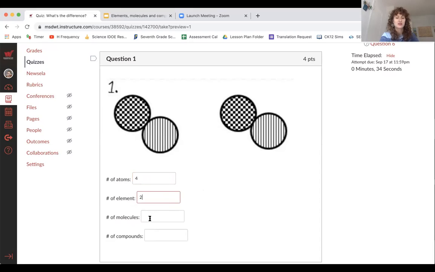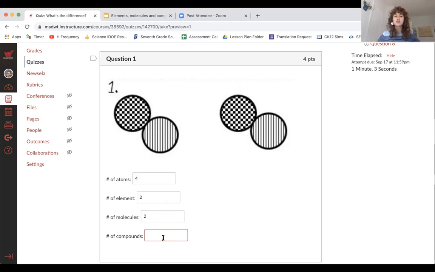This is where it starts to get tricky. So you can count the number of molecules by counting molecules that are touching, or atoms that are touching another atom. So that represents a molecule. So we have, this is one molecule, this is another molecule. So we have 2, it's groups. So we have 2 groups. Now, this one really tricks people because we're going to count some of these molecules twice because molecules can also be compounds.